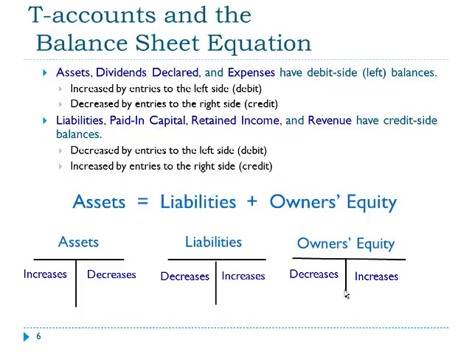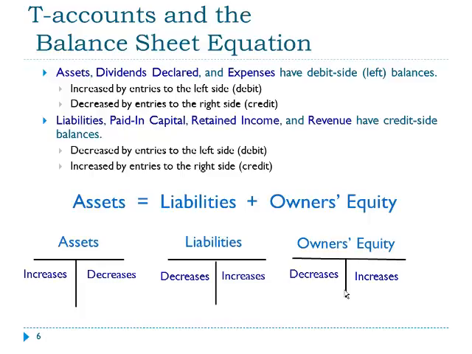Assets can increase and decrease, but you can't have a credit side balance that is more decreases to an asset account than it ever increased. That's just logically inconsistent. Likewise, dividends are decreases in owner's equity, and expenses are decreases in owner's equity, and all decreases to owner's equity show up on the left side. So those always have left balances.